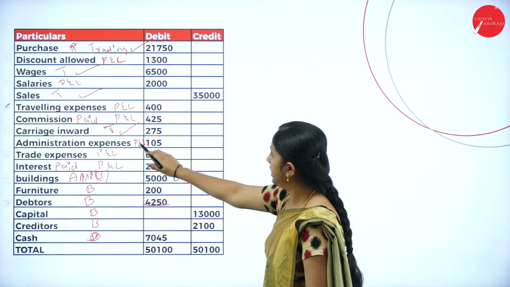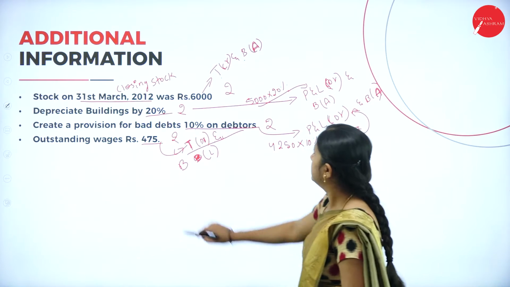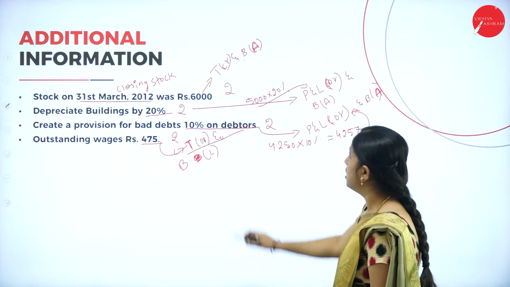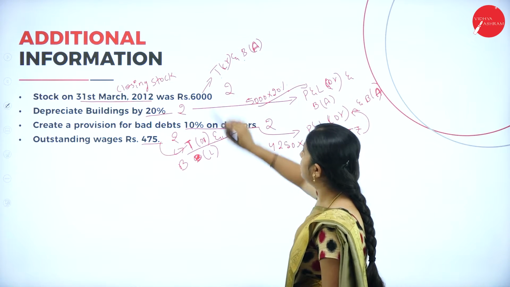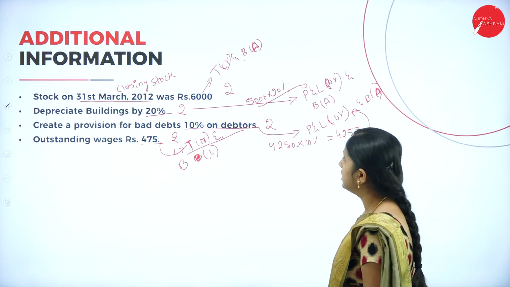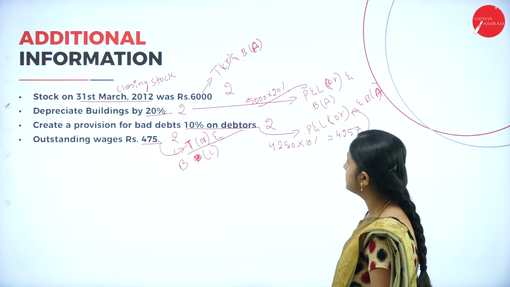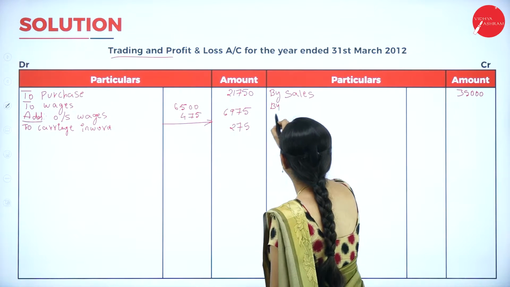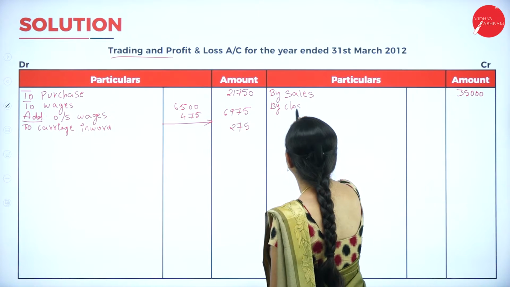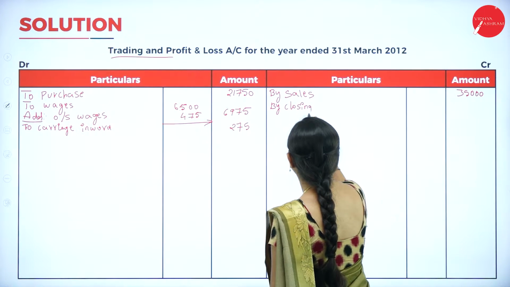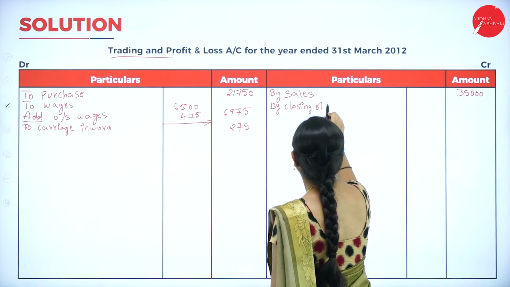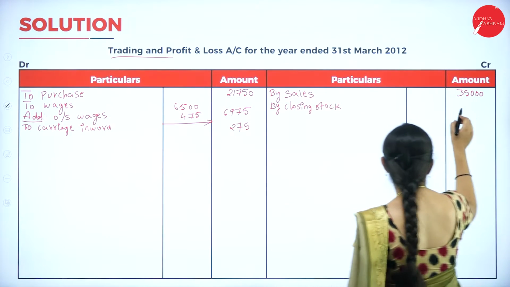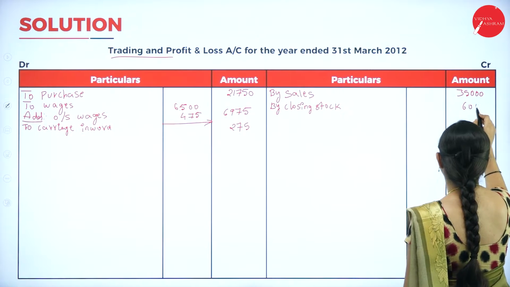Next, here you have one more trading entry, that is closing stock. Closing stock goes on the trading account credit side. So write closing stock rupees 6,000. By closing stock rupees 6,000.